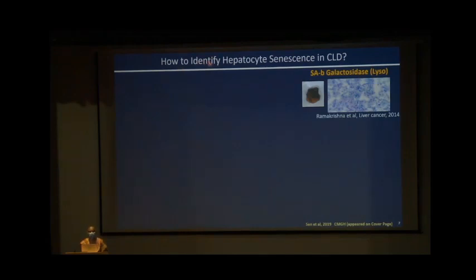So the question to us was how to identify hepatosenescence in vivo or in liver tissue. The gold standard is actually to use beta-galactosidase lysosomal staining, but for this we always require fresh tissue.